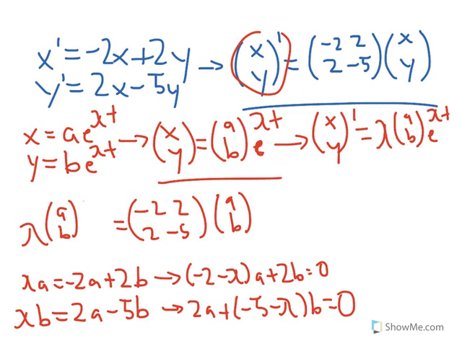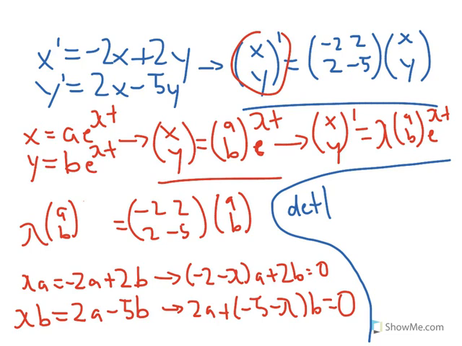Now, let me wall this off to make it more neat. We can say that the determinant of the matrix [-2 minus lambda, 2; 2, -5 minus lambda] equals 0.